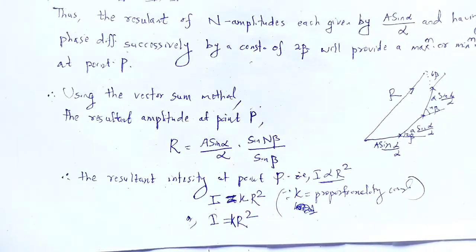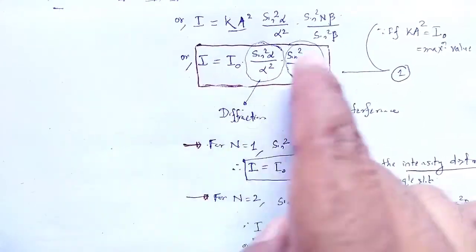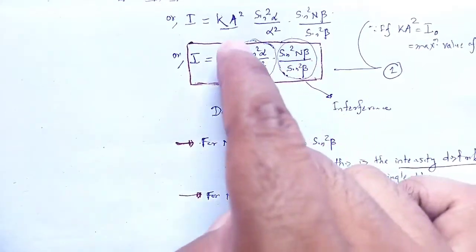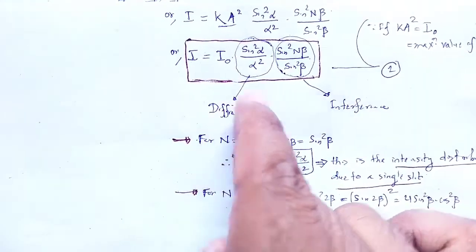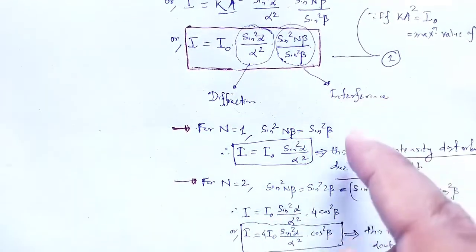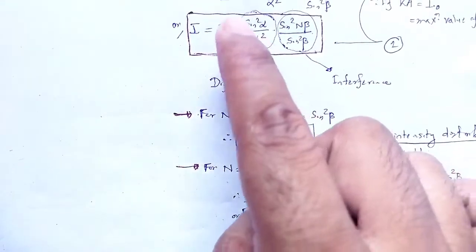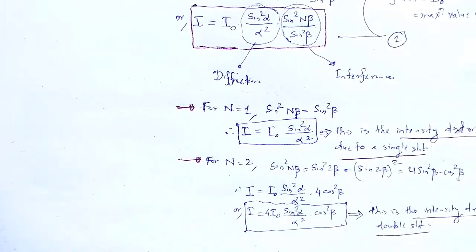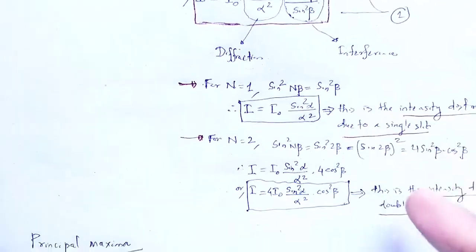The resultant intensity is calculated by this formula. From that expression, this term gives rise to diffraction, and this term gives rise to interference. From that expression, we can easily calculate the intensity distribution for single slit and double slit.